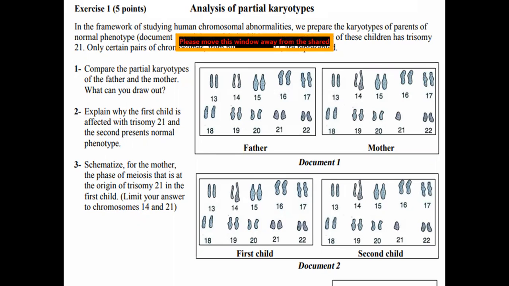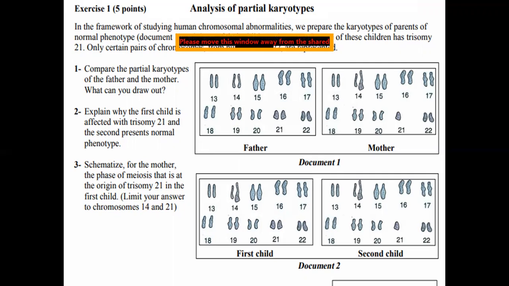This explains why the first child is affected with trisomy, since it has three copies of chromosome number 21, and one of the chromosomes in pair number 14 is longer than the second. So we have the Robertsonian translocation, and we have an abnormality which is trisomy 21.